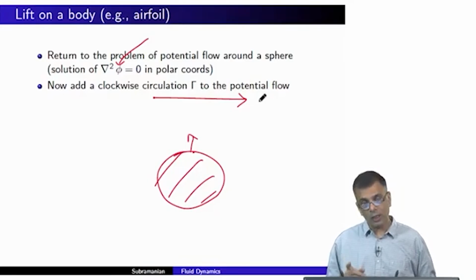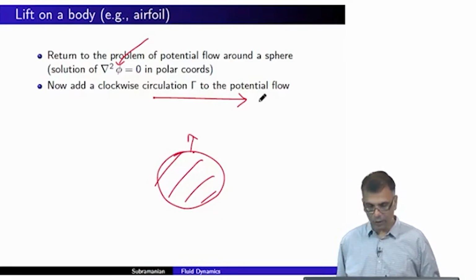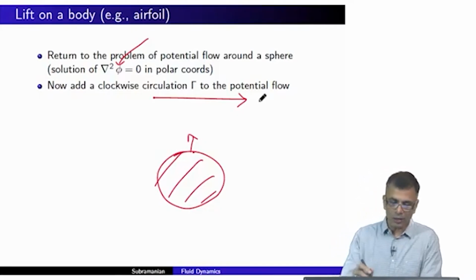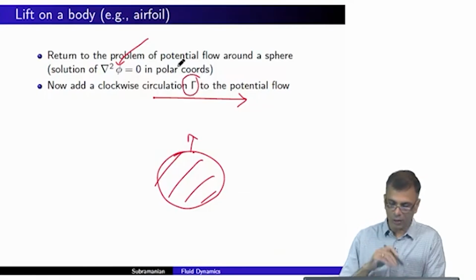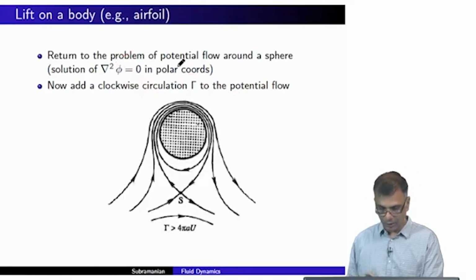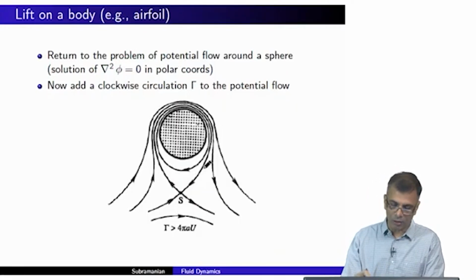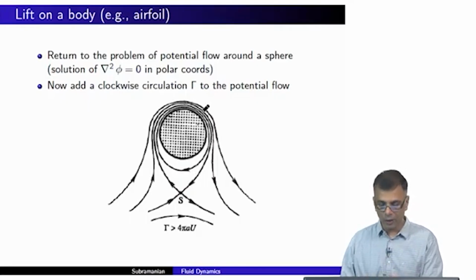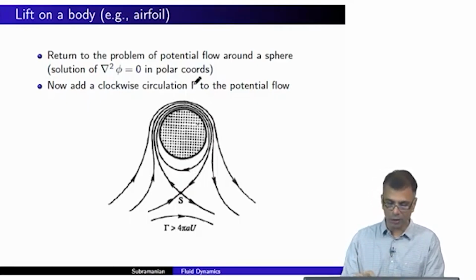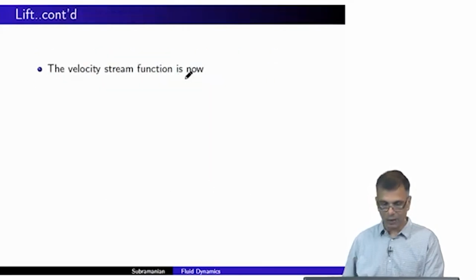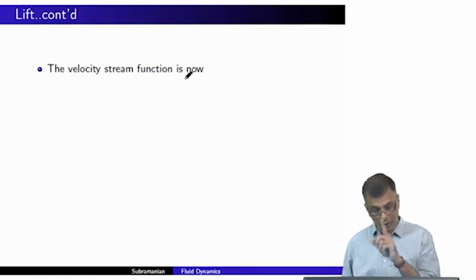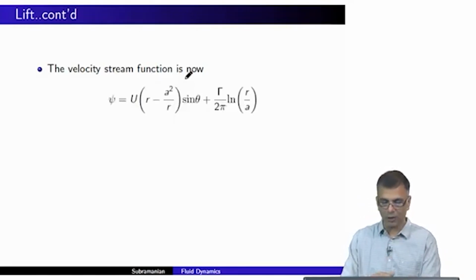Now the only difference in the treatment is that we are adding a clockwise circulation to that solution. So by hand we are forcibly adding a circulation to the flow. You have seen this diagram before. We are adding a circulation, capital gamma, to the potential flow, and that makes the stream function, not yet the velocity, to be this.